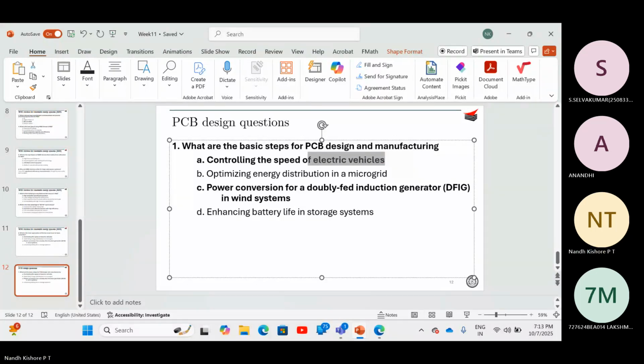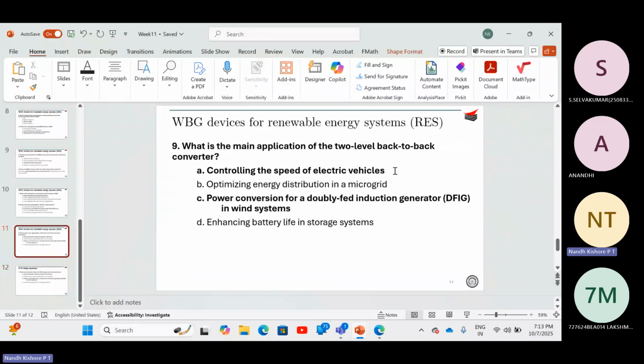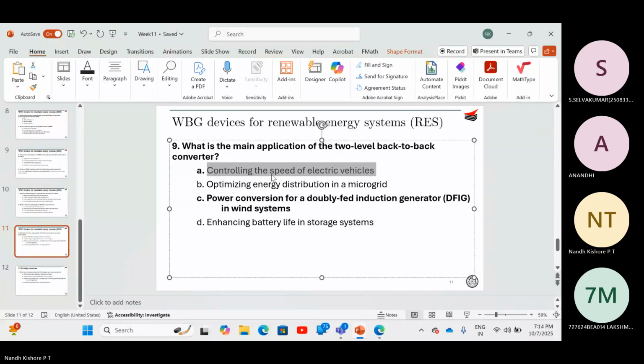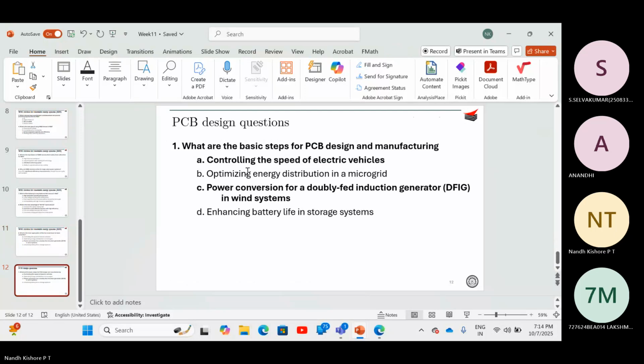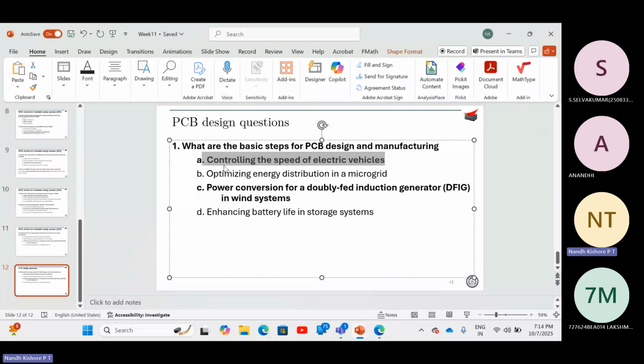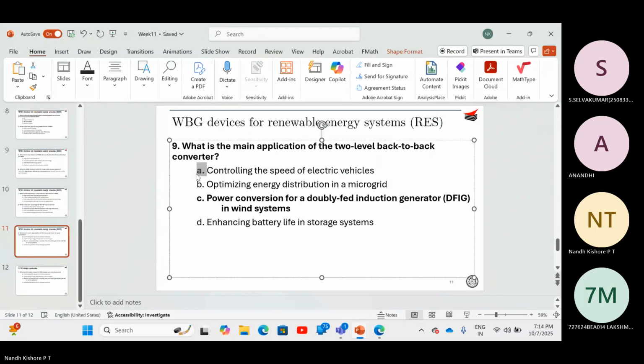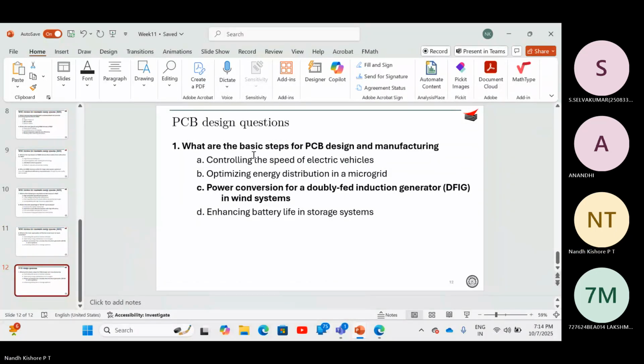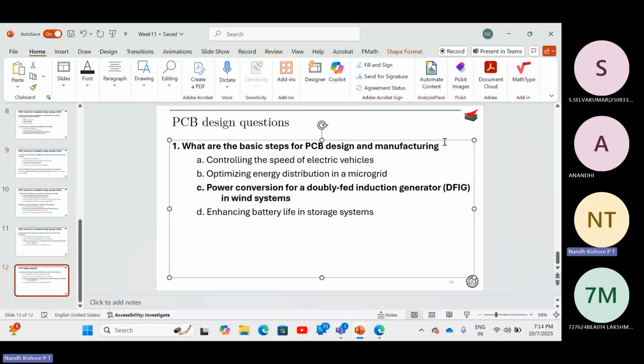Okay. So what are the basic steps of PCB design and manufacturing?